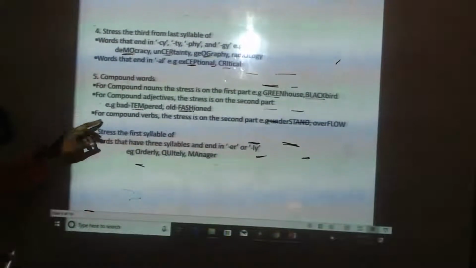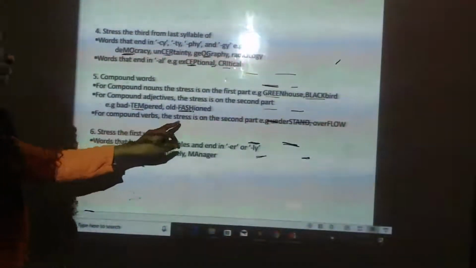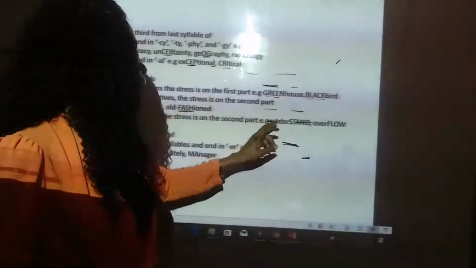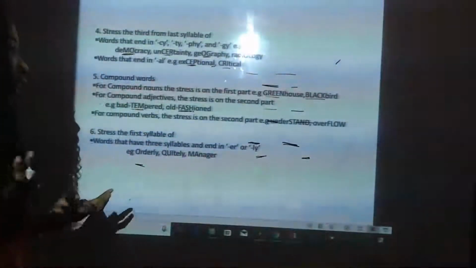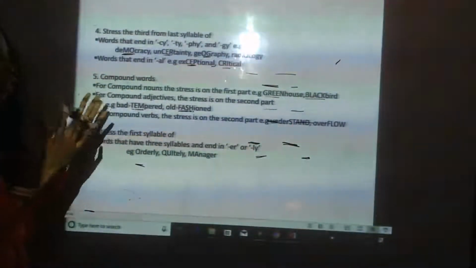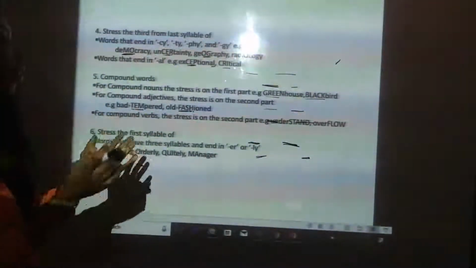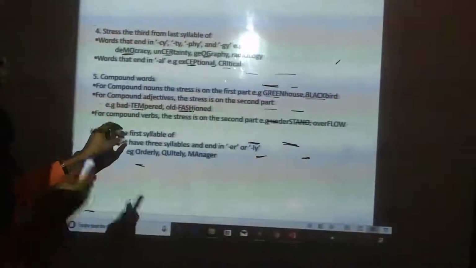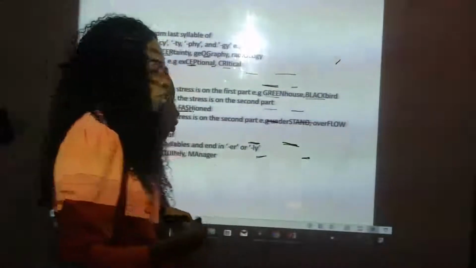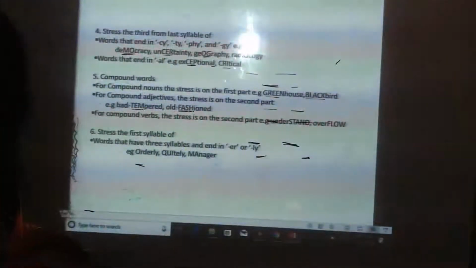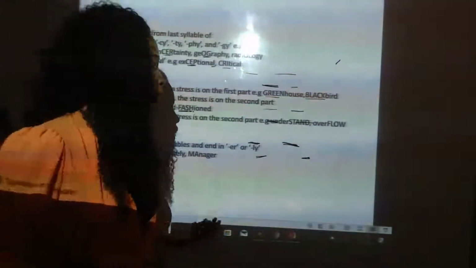Next is for compound verbs. The stress is on the second part. For compound verbs, that's when two words come together to form a compound and it happens to be a verb, an action. For example, understand. Can you understand me?